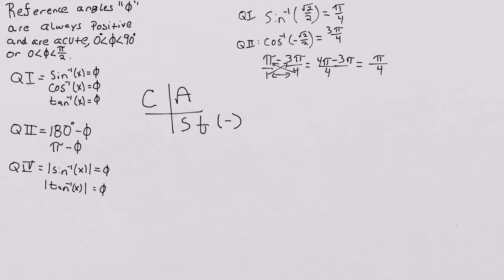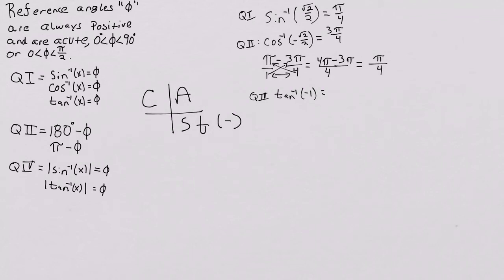All right, let's look at a quadrant 4 example. Let's say arc tangent of -1.